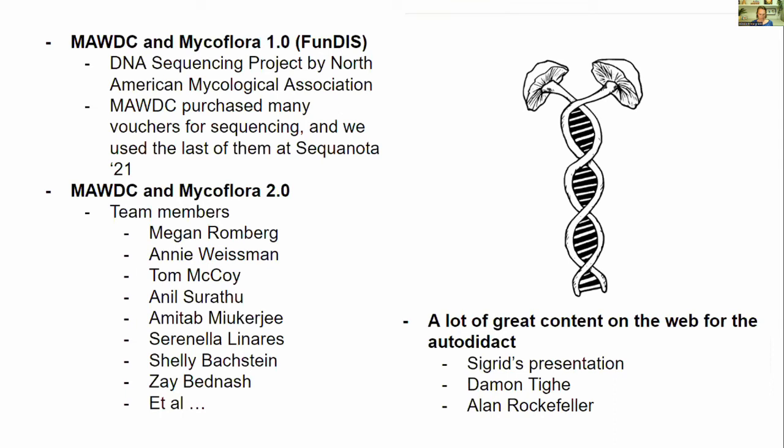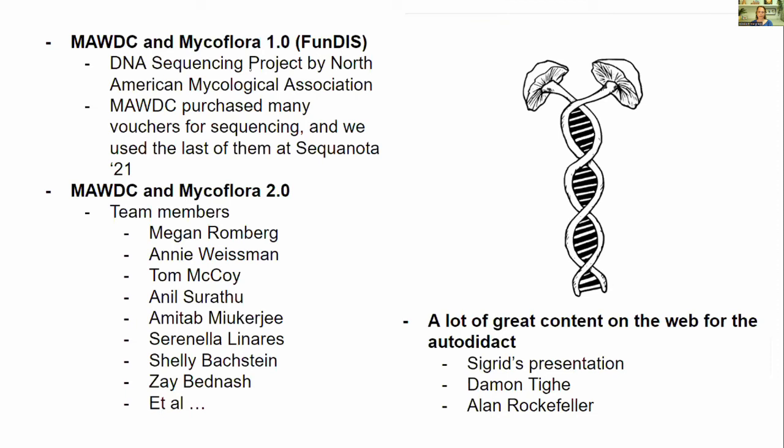DNA sequencing is something that we've been doing at MAWDC for several years. In the first bullet, I say MAWDC and Microflora 1.0. Microflora was the name of the North American Mycological Association funded initiative for mushroom clubs to do DNA sequencing.